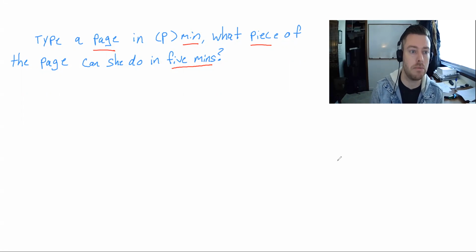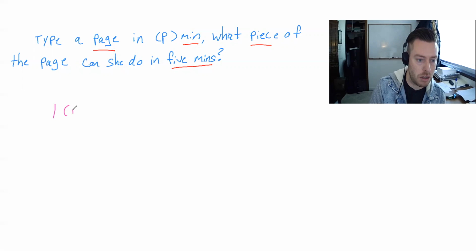So in this case, it says Lynn can type a page in P minutes. What piece of the page can she do in 5 minutes? You're going to end up having a fraction here. You can type a page in P minutes, so automatically you're going to have one page in P minutes.